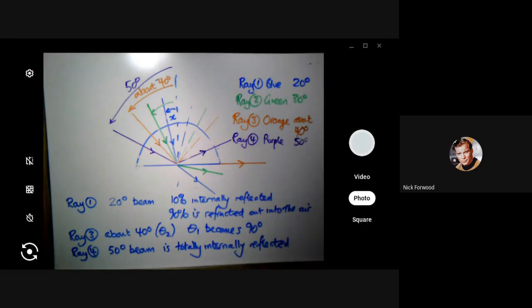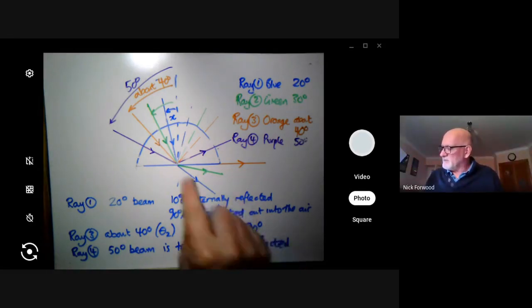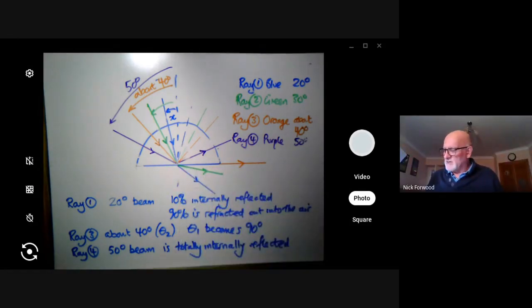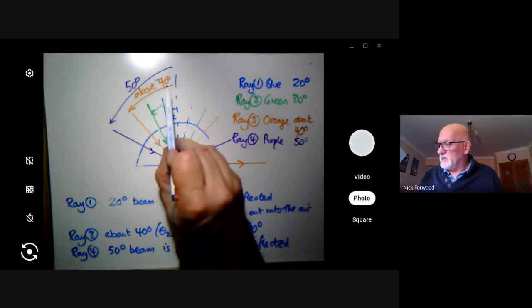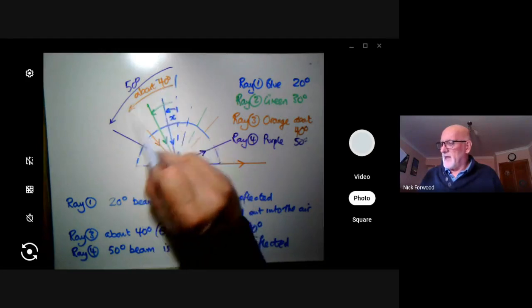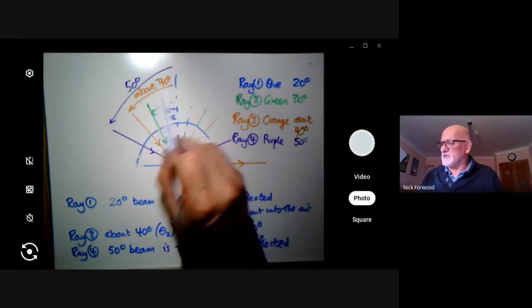Okay. Now, what's important about this beam of light here, where it just comes out at 90 degrees, that angle, which is about 40, that angle is called the critical angle.